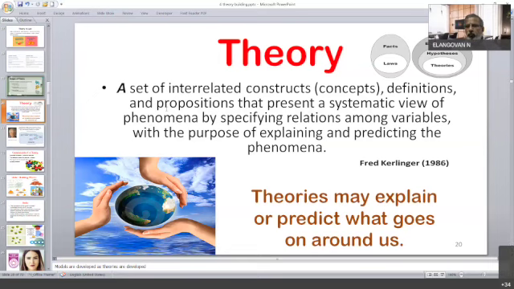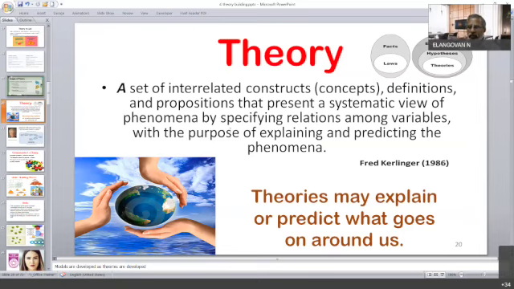Then the proposition: what will this connection bring out? That is the proposition that presents a systematic view of the phenomenon. Again and again we are talking about phenomenon. A phenomenon is nothing but what is happening in this world, or what we observe in this world.